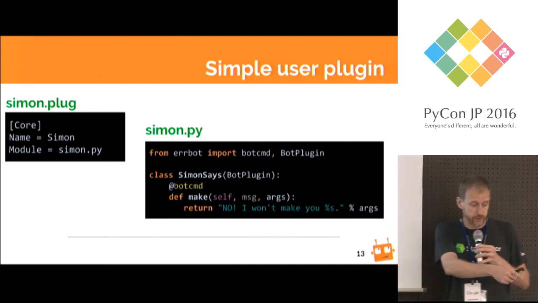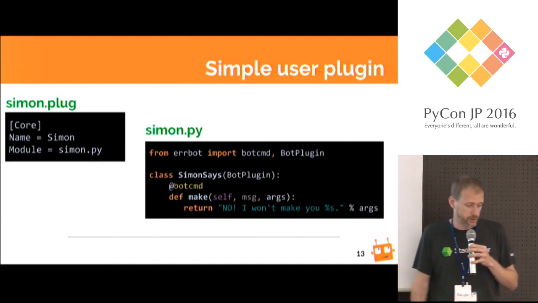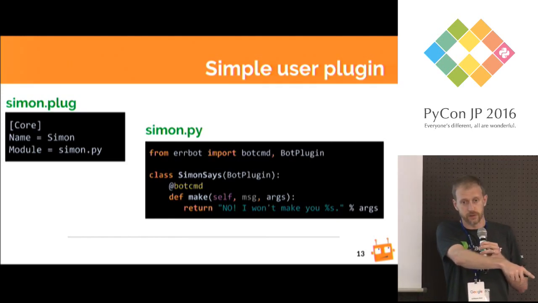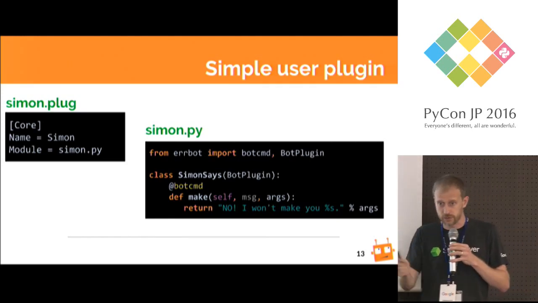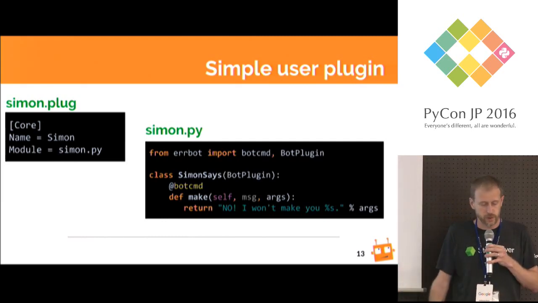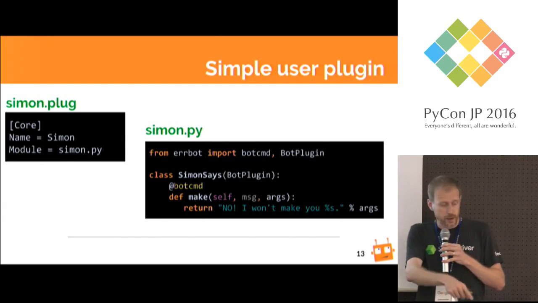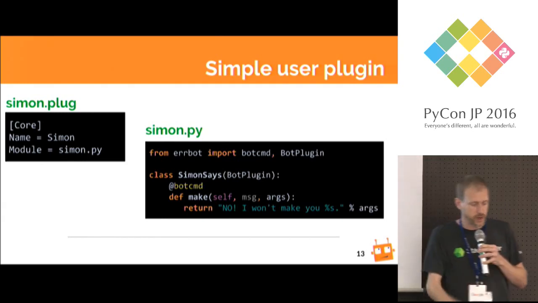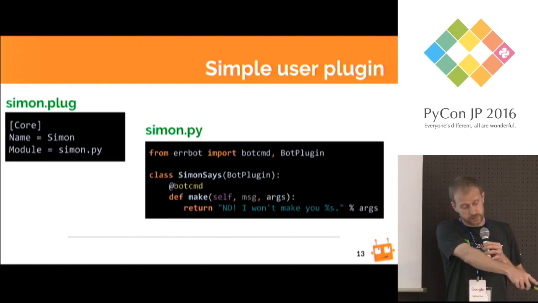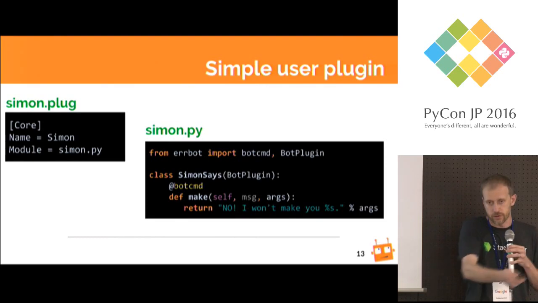So for example, here we just made a command called make, that we decorate with a botcmd decorator, just to tag it to say to our bot that this is actually a command. And you have a convention to put args, message, and args. Simply, this make command will answer whatever you give it in args and insert that into the string.